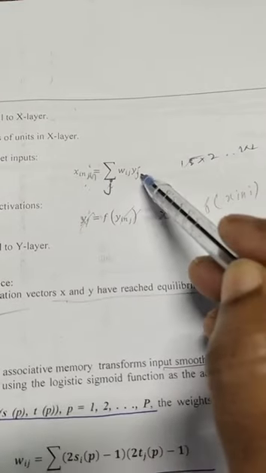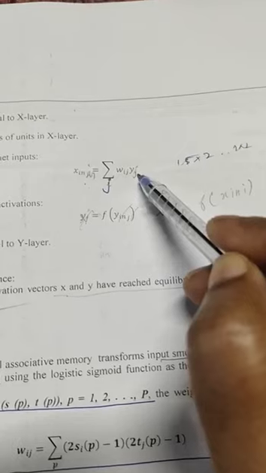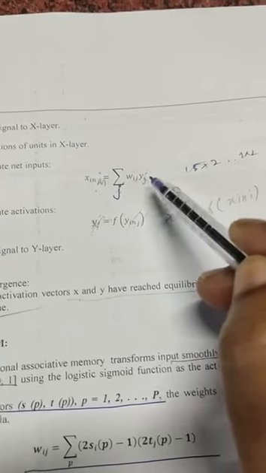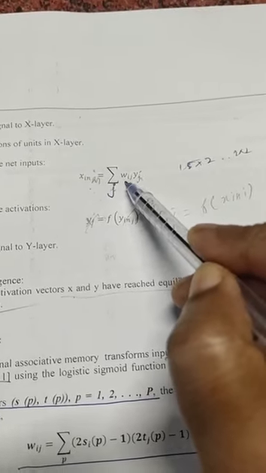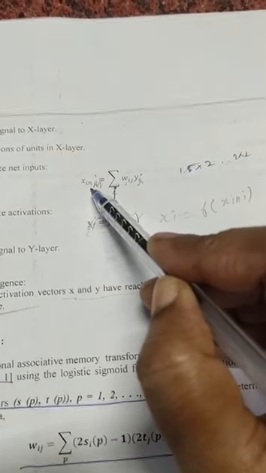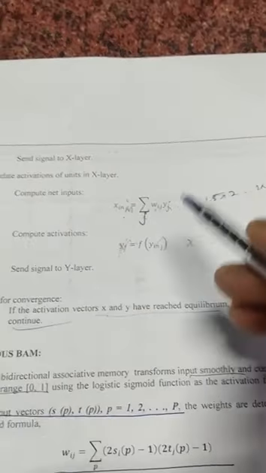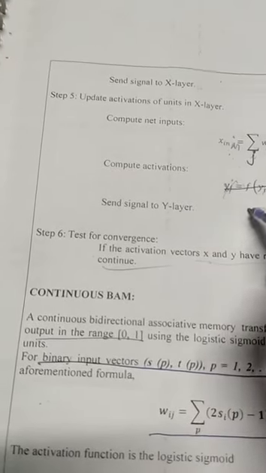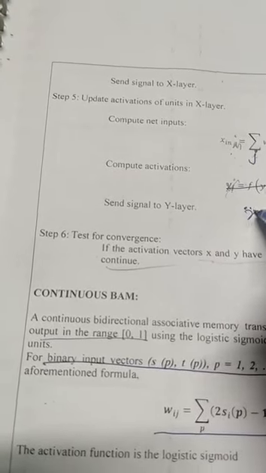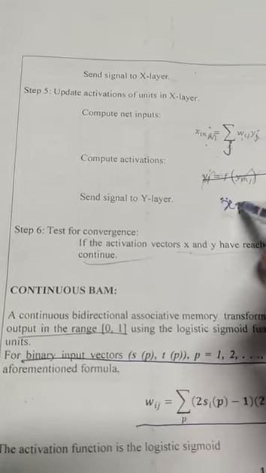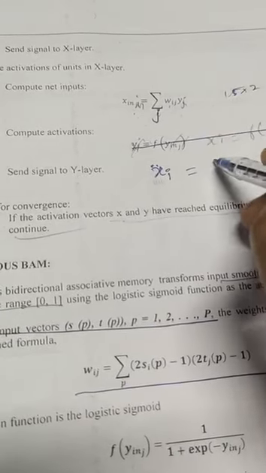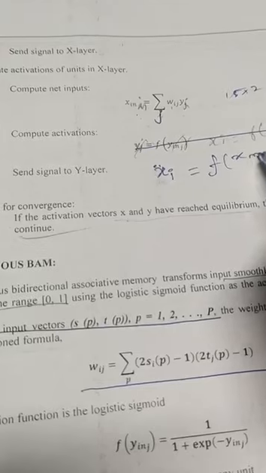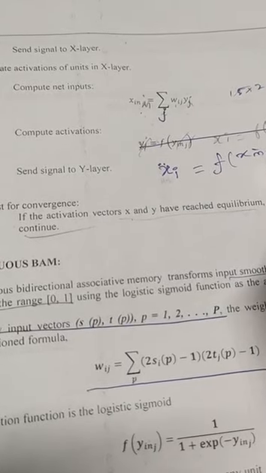You multiply the input signal that we are applying at the Y layer by the weight vector, which gives you the net input of the X layer. Then we apply the activation function to calculate the output at the X layer, which is Xi equal to f of Xin_i.